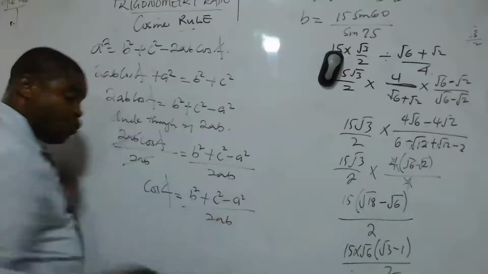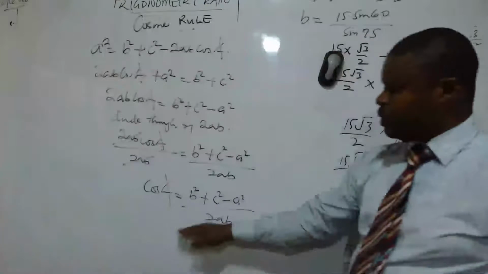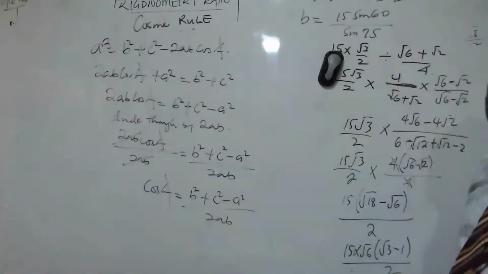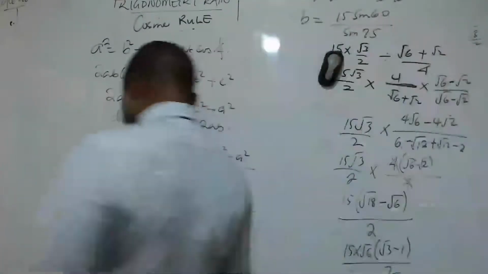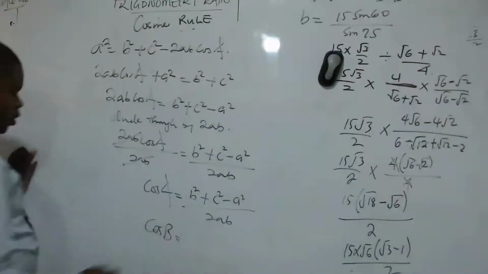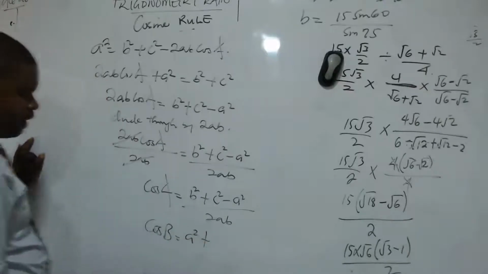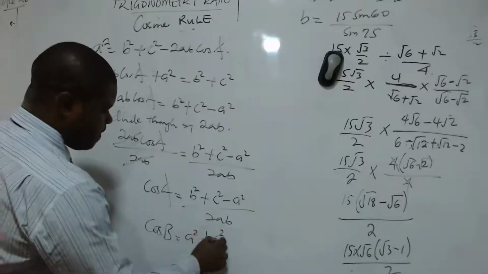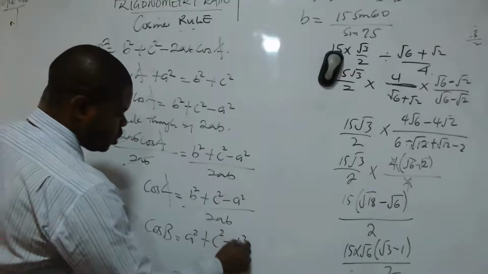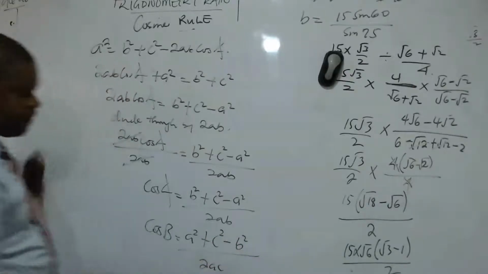When we are asked to calculate the angle for a cosine formula, that's what we're going to have. Now, if it's angle B, cos B, we're going to have A square plus C square minus B square over 2AC.